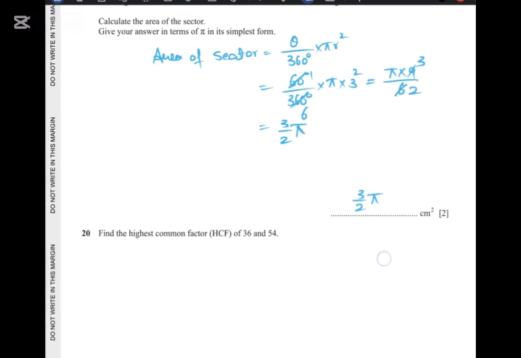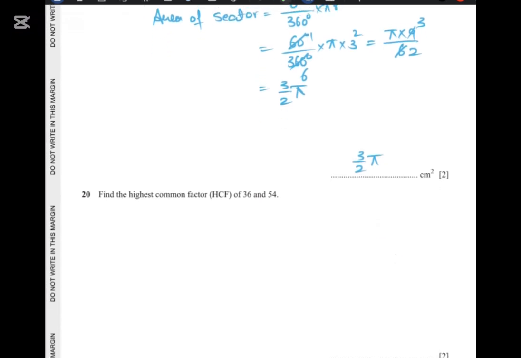Question 20. Find the highest common factor of 36 and 54. For that, find the prime factors of 36 using prime factorization. 2 times 18, 2 times 9, 3 times 3, 3 times 1.